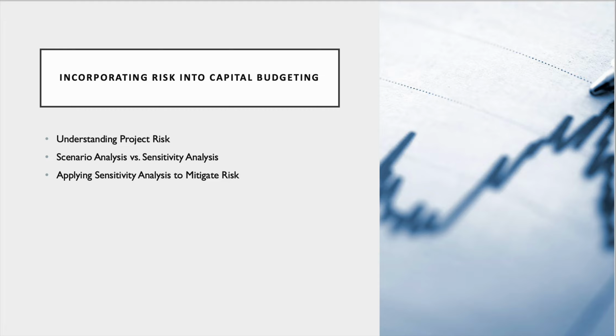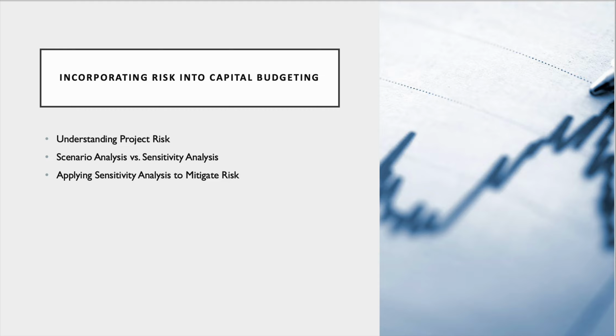Now, how do we incorporate risk into capital budgeting using sensitivity analysis? First, we need to understand the specific risks associated with our project. Sensitivity analysis is particularly useful because it allows us to isolate the impact of individual variables, giving us a clear picture of where our risks lie. It's important to note the difference between sensitivity analysis and scenario analysis.